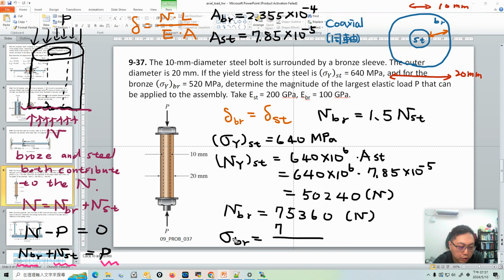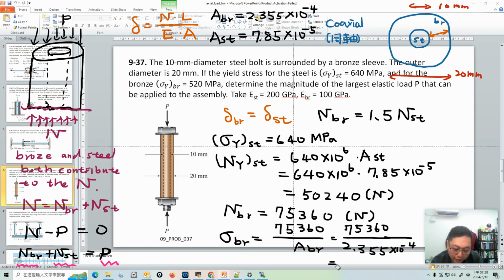The normal stress equals the normal force divided by the cross-section area, A_BR. What's our A_BR? A_BR is 2.3055 times 10 to the power of minus 4. So what's the normal stress right now?